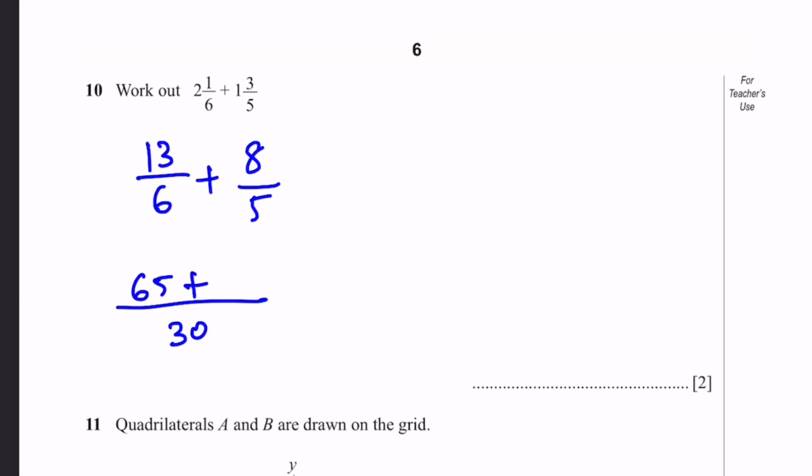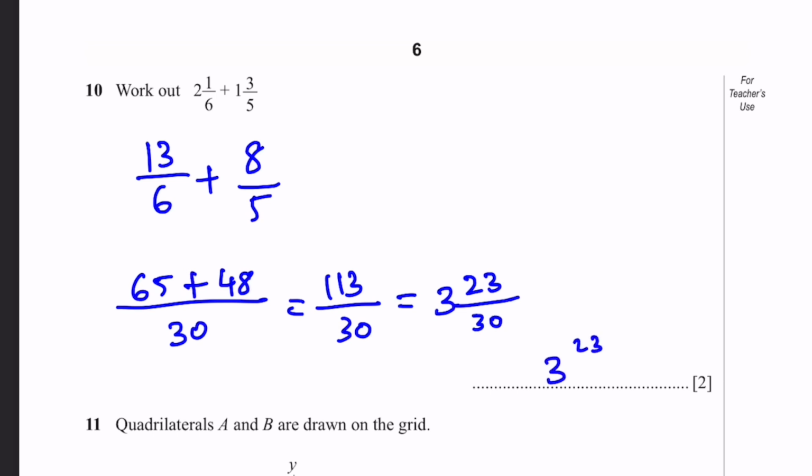And 5 into 6 is 30, and 8 into 6, we have 48. So 65 plus 48, the whole by 30. That's equal to 113 by 30. And the answer is 3 23 by 30. So let's write that down.